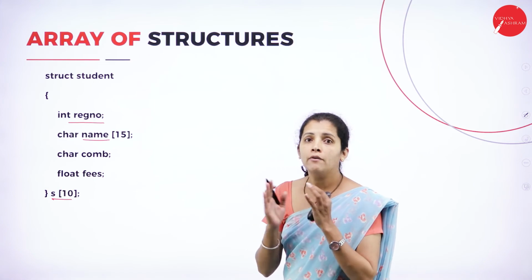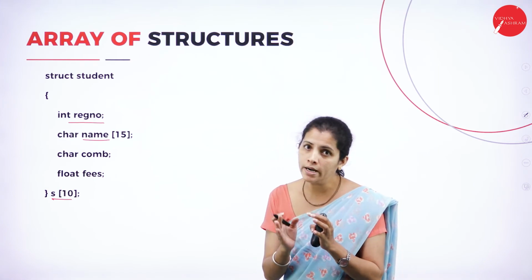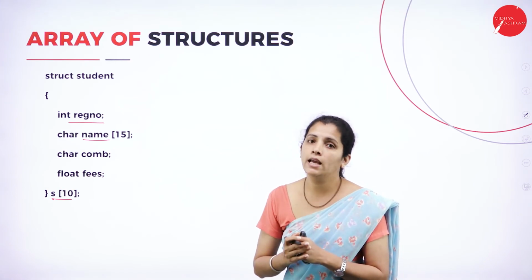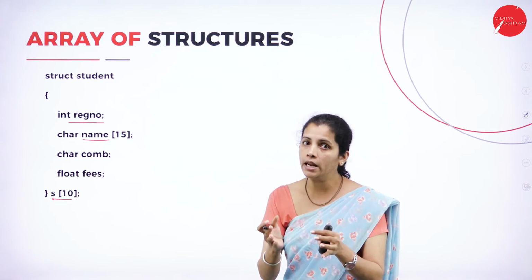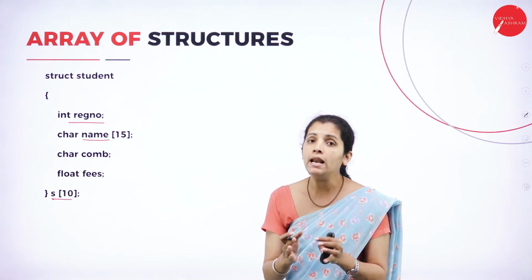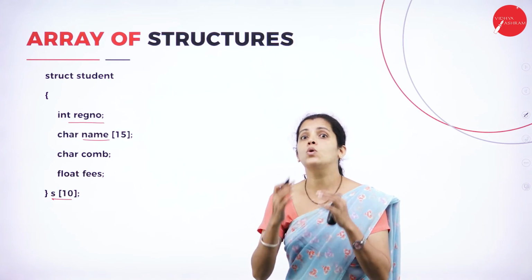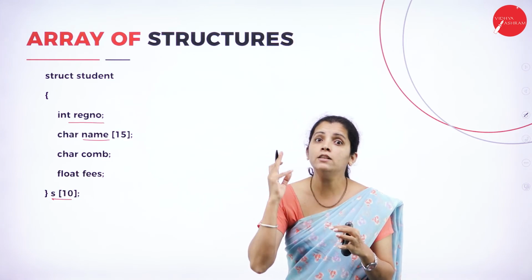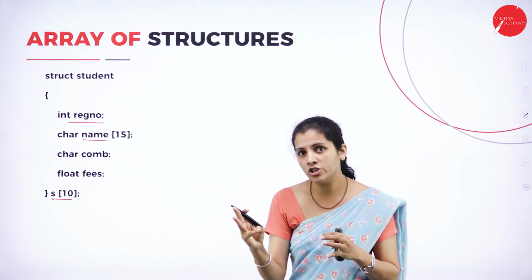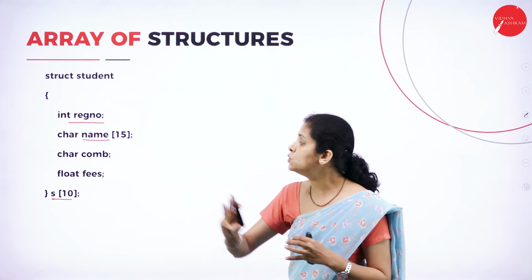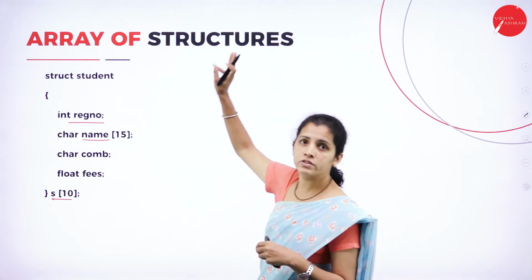So when I want to hold only one student's information, then I can go with this structure variable. But when I want to hold more than one student's information, at that time it's better to go with the array of structure.